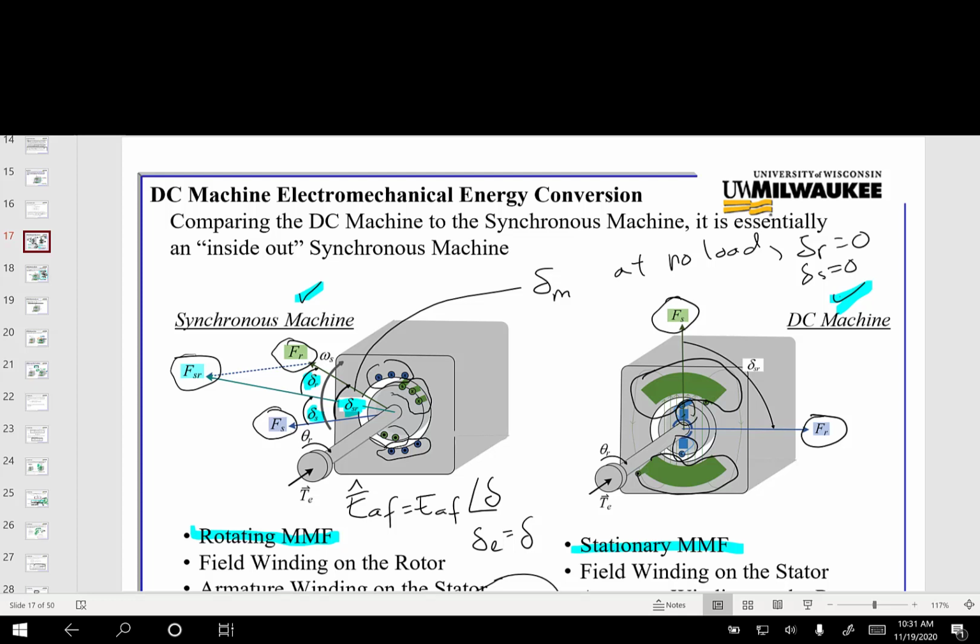It's a synchronous machine where they electronically control the angle to 90 degrees through the transistors, and the transistors commutate the direction of flux. So essentially in a brushless machine, the transistors commutate flux direction. In a DC machine, the commutator commutates, or changes, the direction of current, not flux.